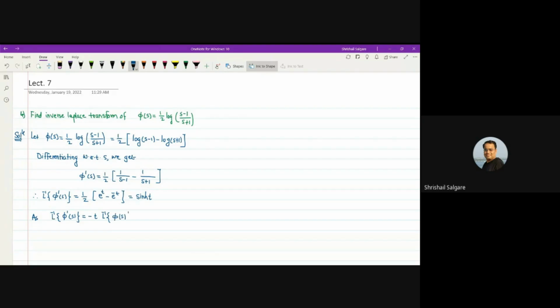I think yesterday we have seen this result. Okay. Now in this case, I will substitute the value. L inverse of phi dash is nothing but hyperbolic sine of t. Okay, that I am writing as it is, minus t into L inverse of phi of s.